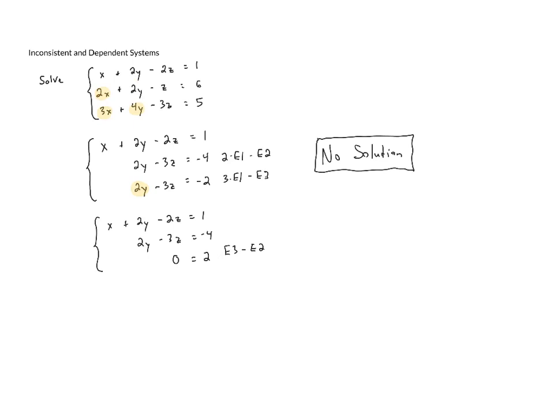In the examples we've seen before, when there was one solution, it meant that those 3 planes all intersected at one point. However, when there's no solution, what that means is that there aren't any points where all 3 planes intersect. So they're actually intersecting in 3 different lines.